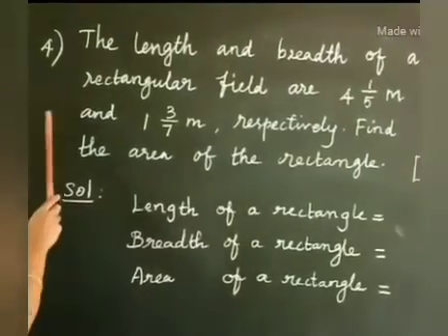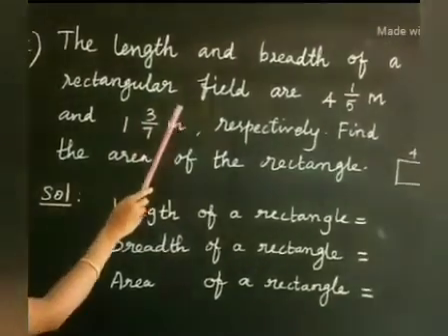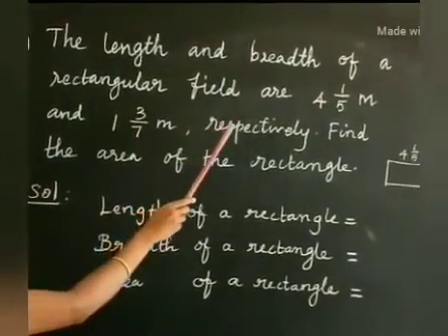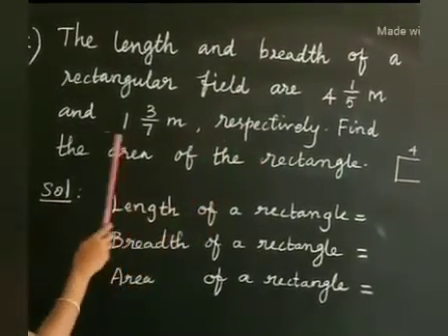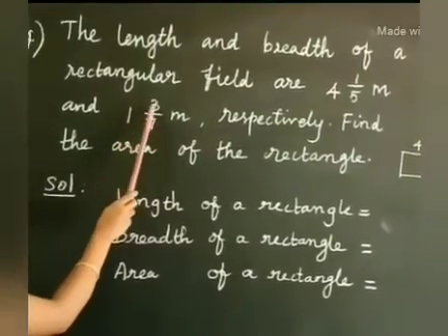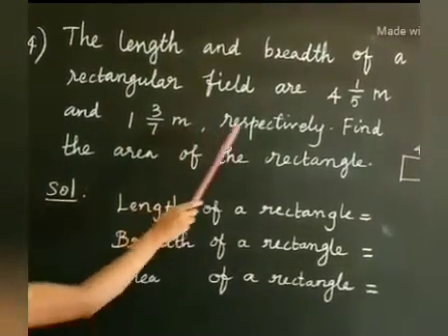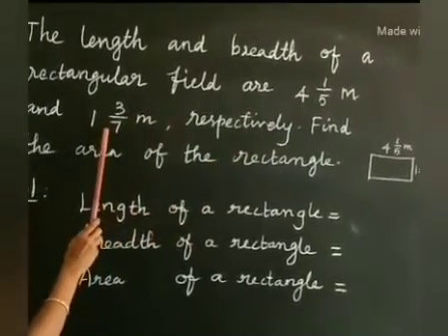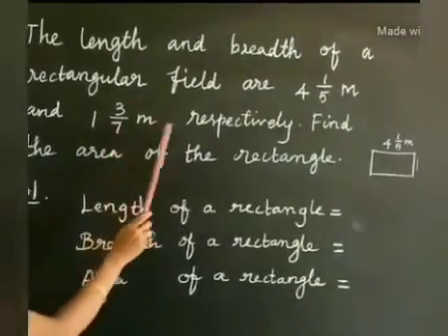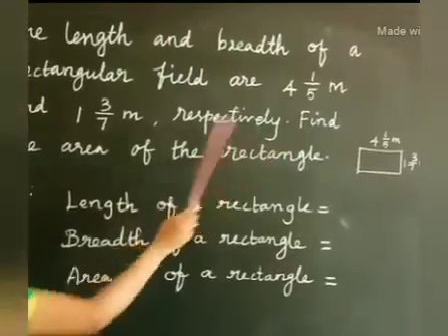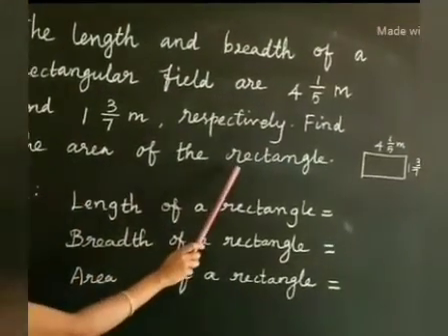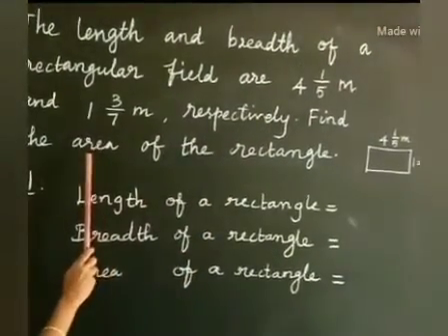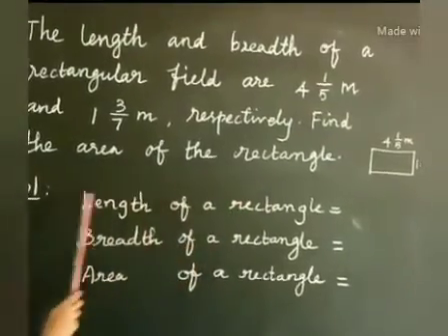The fourth sum: the length and breadth of a rectangular field are 4 1/5 meter and 1 3/7 meter. That is, the first one represents length, the second represents breadth respectively. Find the area of the rectangle.